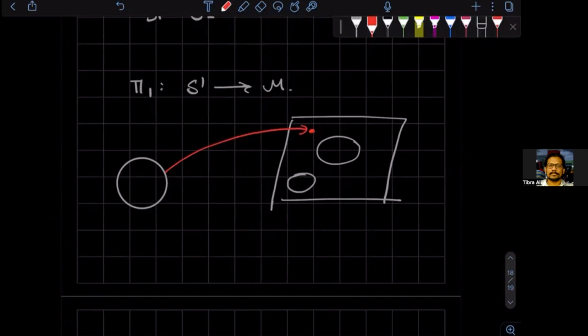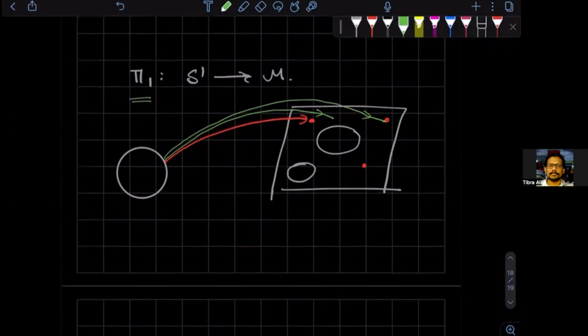This map could have been anywhere in this space, and these are all equivalent because we can continuously deform this map to go to the other map. So all these maps are equivalent, and that is going to be an element in pi1.